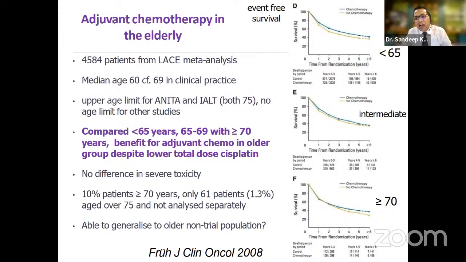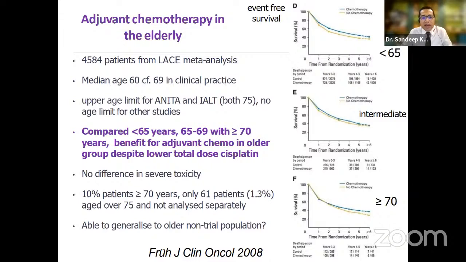So another area of debate has been the use of adjuvant chemotherapy in the elderly patients. So again, the underrepresentation of this subgroup has always been a problem, and we don't know whether this particular age group, once subjected to the adjuvant 4 or 6 cycles of chemotherapy, would have some survival benefit, and how long it would be beyond 75 years, we don't know.